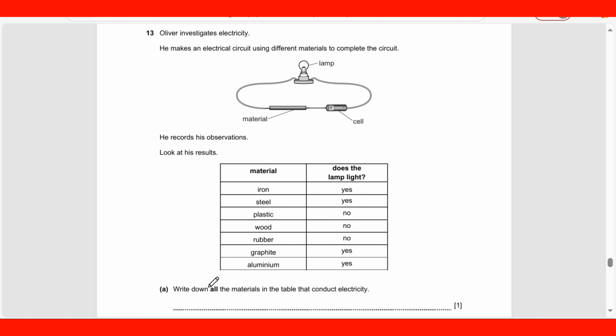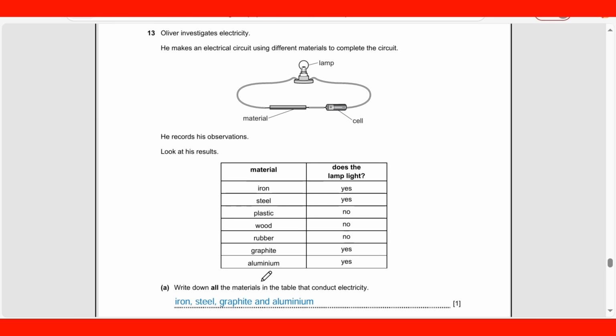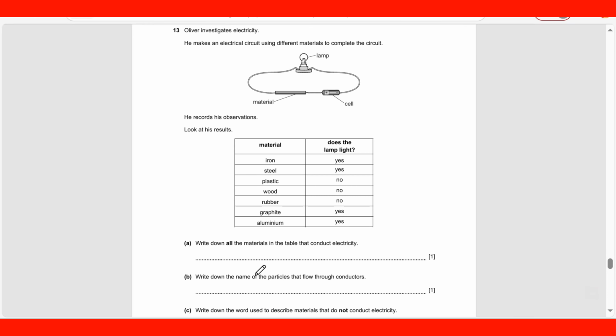Question A. Write down all the materials in the table that conduct electricity. Let's check out the answer, guys. So basically it is iron, steel, graphite, aluminium, the ones with yes. Alright, let's move on. Now we are in 13b, guys. Write down the name of the particle that flows through conductors.